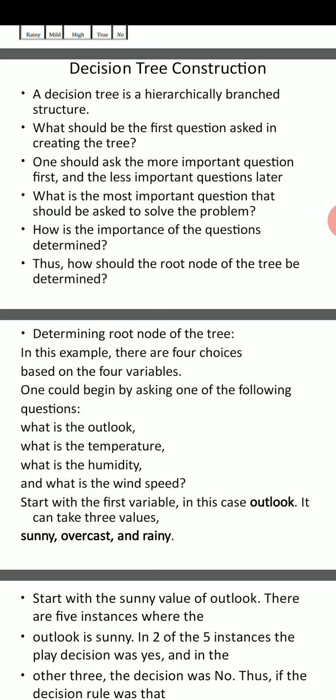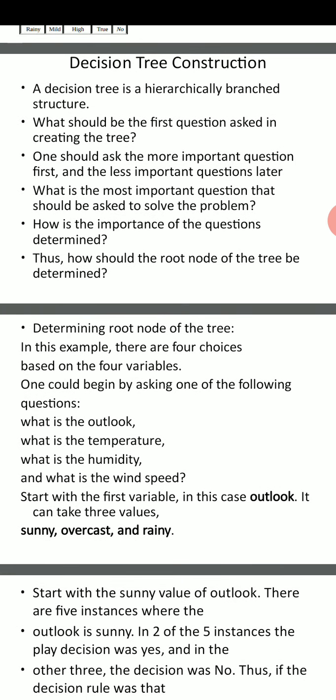One should ask the more important question first and the less important questions later. So step by step you can probe with the most important questions first and less important questions further. So what is the most important question that should be asked to solve the problem?